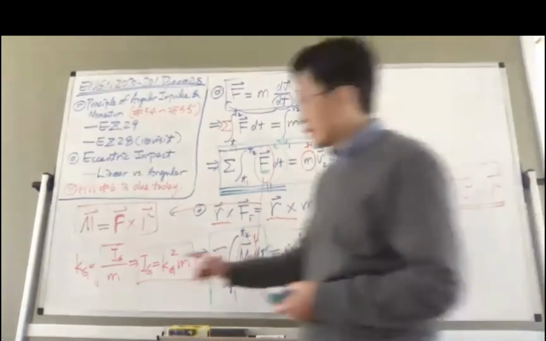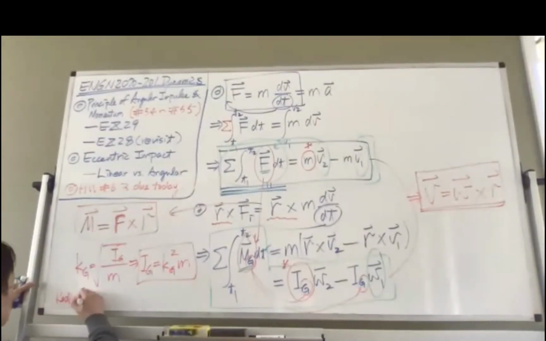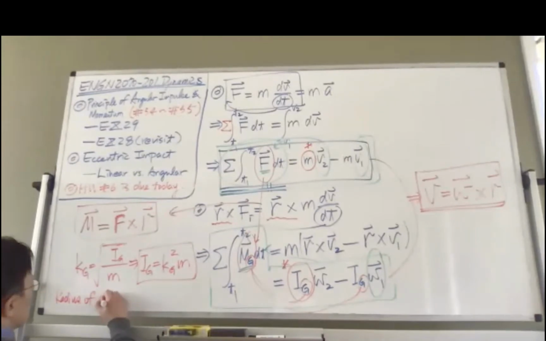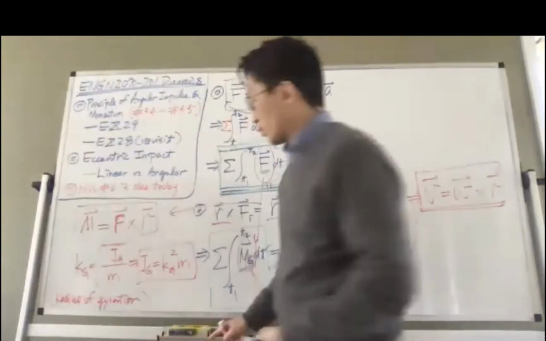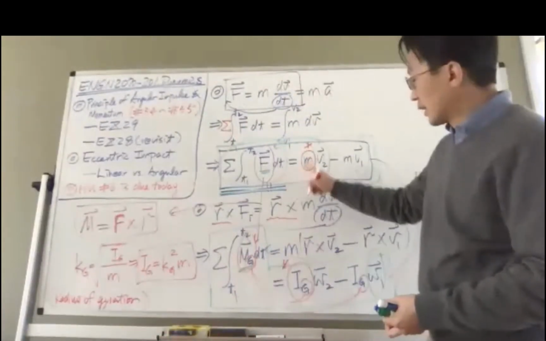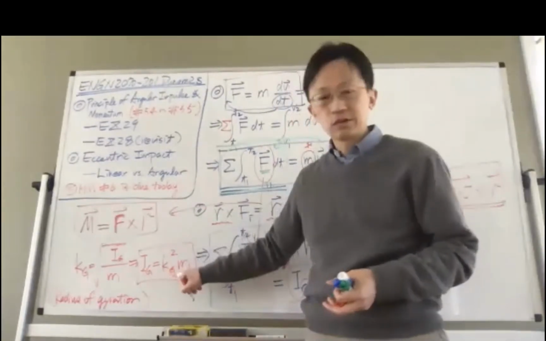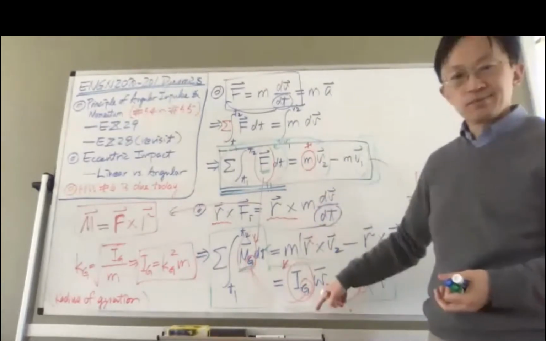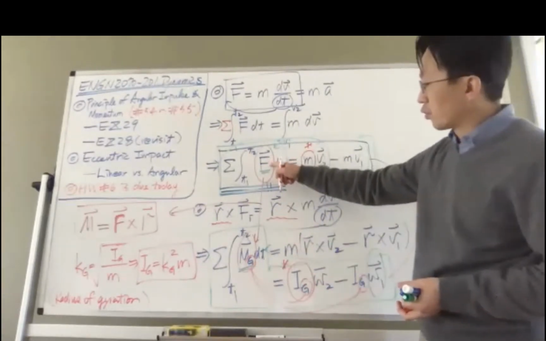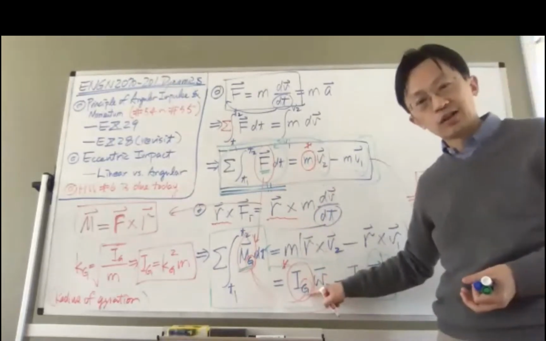Remember, the kg here is the radius of gyration. So from radius of gyration, mass and mass moment of inertia can actually be related by a linear coefficient. So you know how to convert force to moment from here. You know how to convert mass to mass moment of inertia, right?